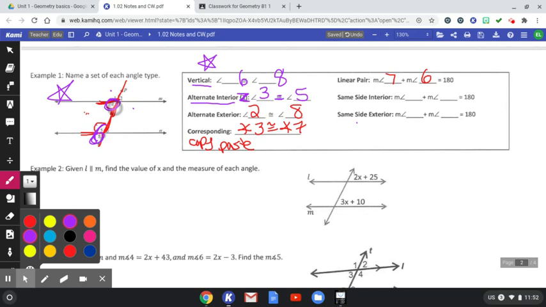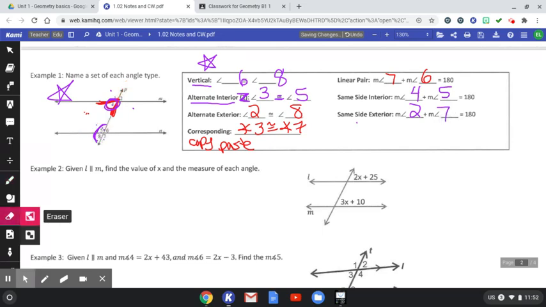So therefore, 4 and 8 are equal. And we know 5 and 8 add to 180, then 4 and 5 would add to 180. So same side interior would be angle 4 and angle 5. Same side exterior might be 2. I'm going to just jump ahead and 7 down there.